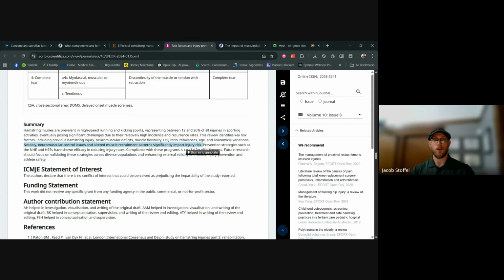Instead of the southern hemisphere where it's warm and pretty temperate for a lot of the year, maybe hot, maybe you're going north. Now there's more rain, more snow. Different parts of your physiology are affected because you're not as warm as soon. Maybe the field is different. Rather than artificial turf, maybe you're playing on real grass. All of these factors are parts of this neuromuscular control or altered muscle recruitment patterns.